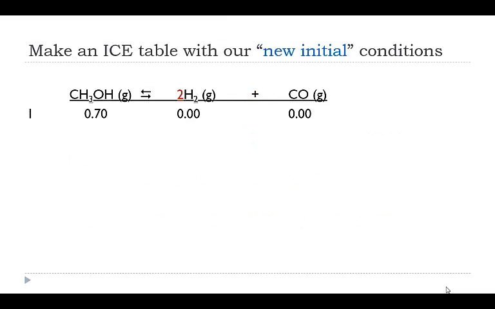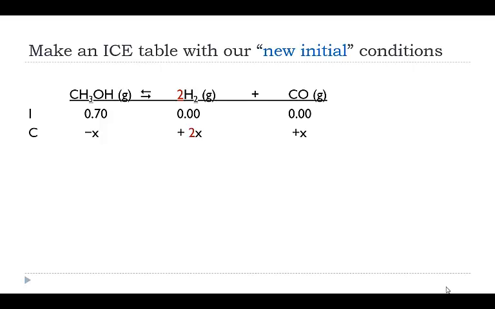Our next job is to make an ICE table with our new initial conditions. So this is what we just calculated on the last slide. And we're going to add x to the carbon monoxide. We're going to add 2x to the hydrogen because of the stoichiometry. And we're going to subtract x from the methanol.